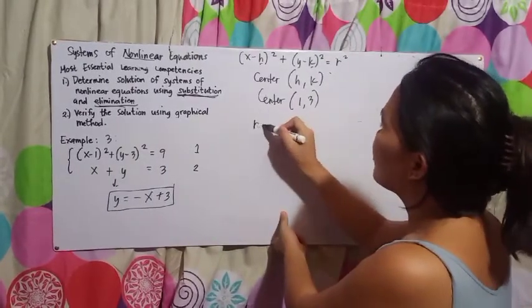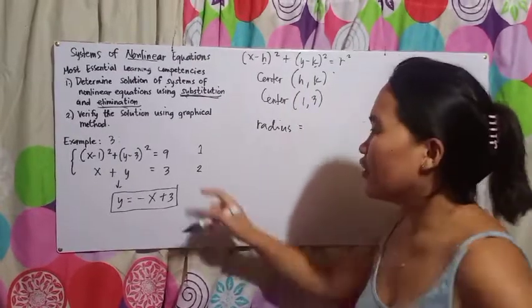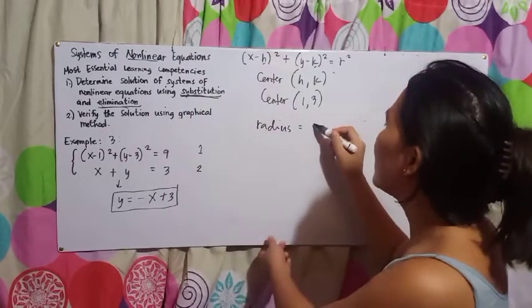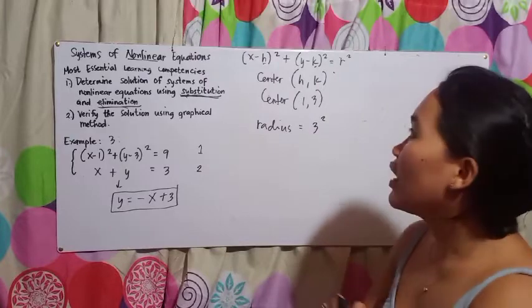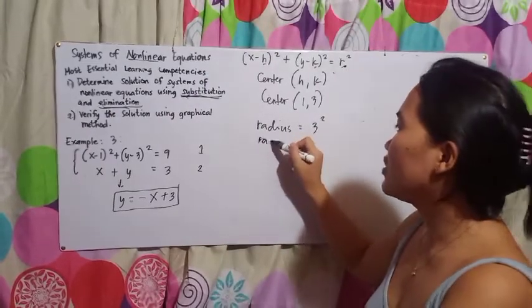Then, ang radius, di ba 9 man ang given diri, so mahimo na siyang 3 squared, kay 3 times 3 is 9. Kaya dapat ingon ani man siya na form. So, ang radius is 3.